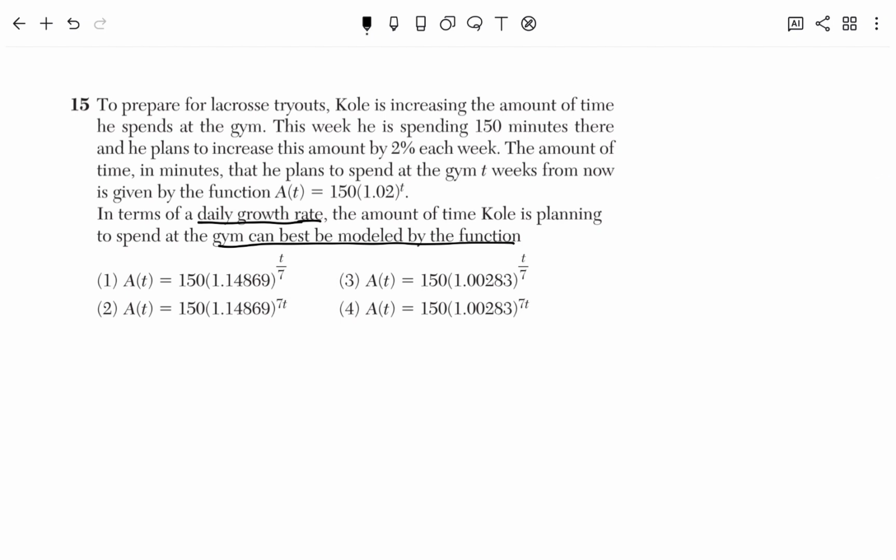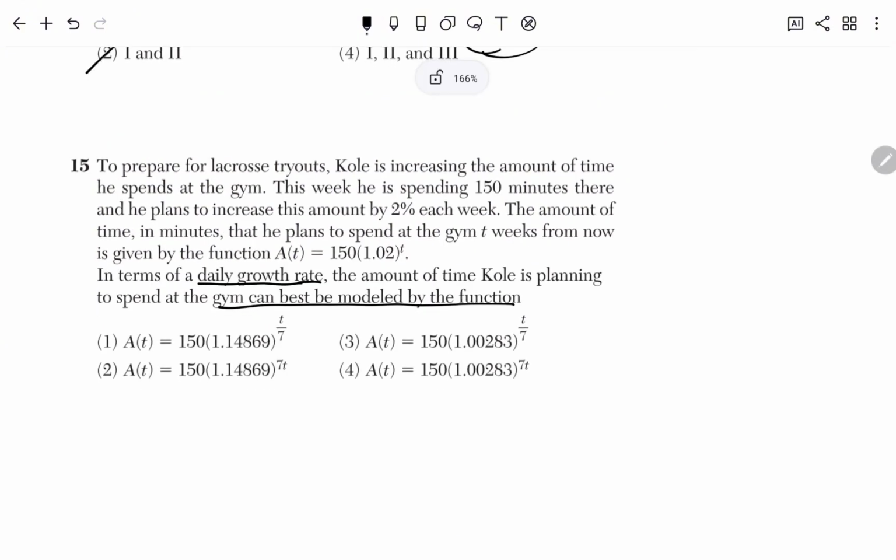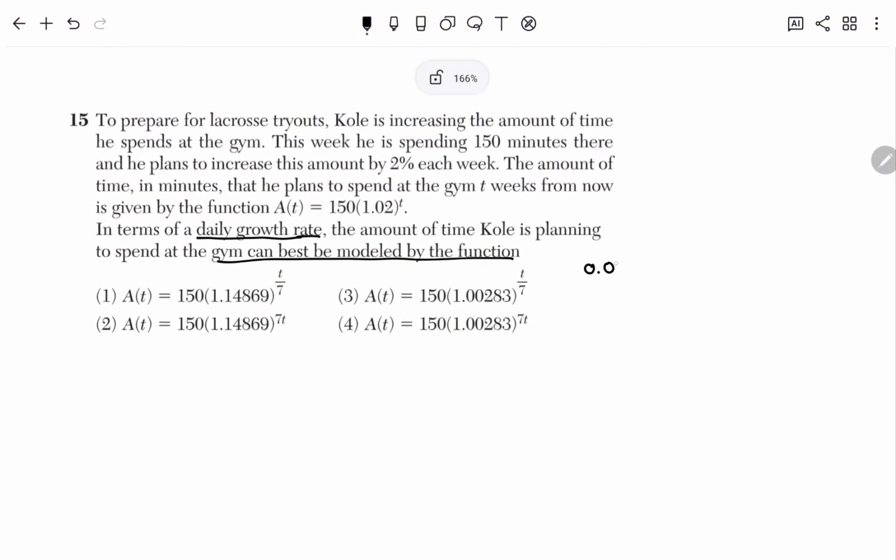So first things first, we know that our rate is going to change. Why is our rate going to change? Because we had it 2% each week. Now, it's being changed to a daily growth rate. So what I'm going to do is take this 2% and divide it by 7 because there are 7 days in a week.